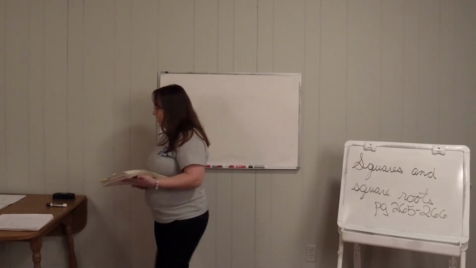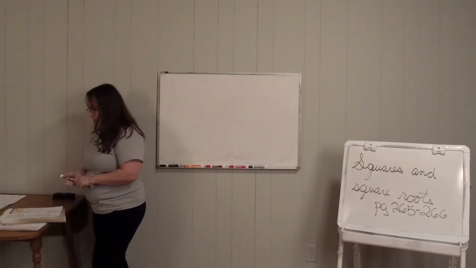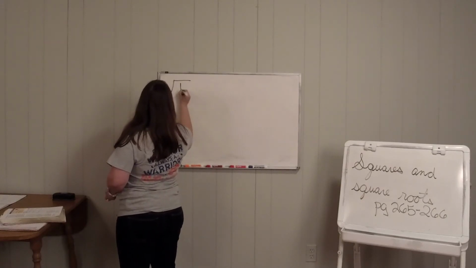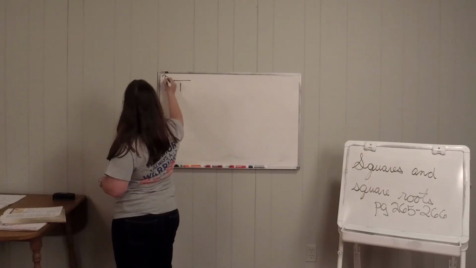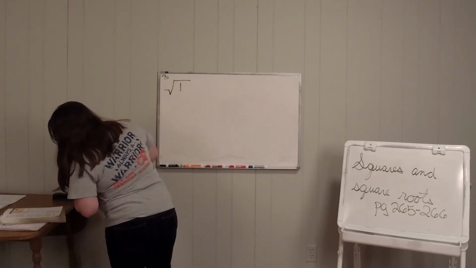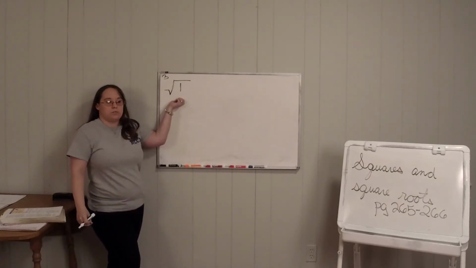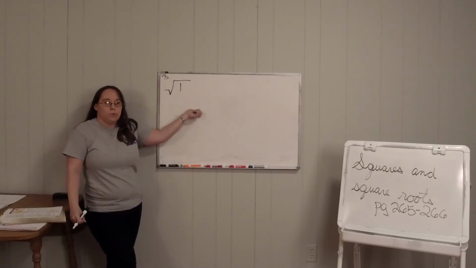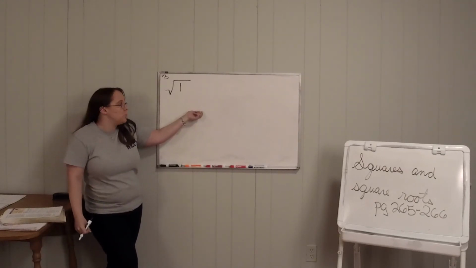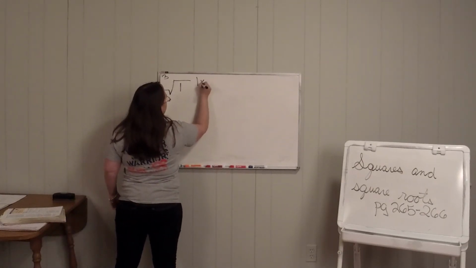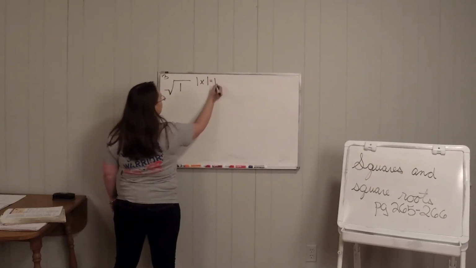Okay? Now if you look at number 3, it's showing you the square roots. A says, what's the square root of 1? Well, what times itself is going to give you 1? 1 times 1 is 1.